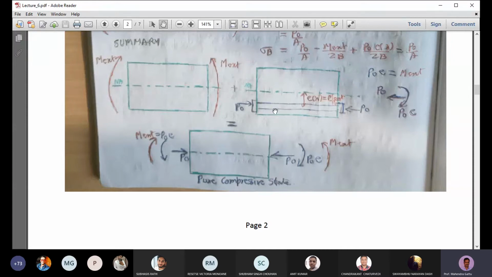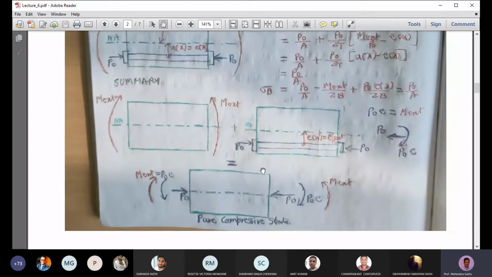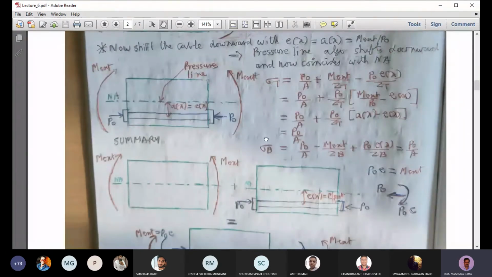If there is no pre-stressing cable, then this beam will bend and there will be a sagging curvature. And we have provided this cable in such a way that sagging is nullified, and we are left with a straight beam, and the entire beam is in a state of pure compression. Okay, so this is the basic concept of load balancing.